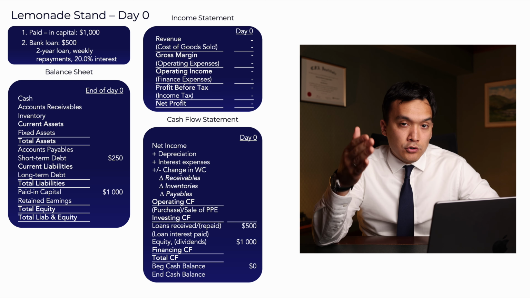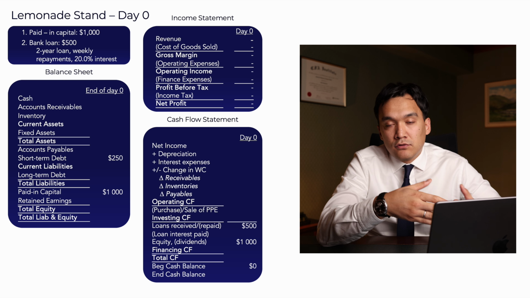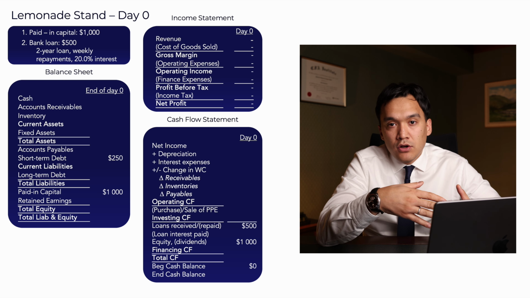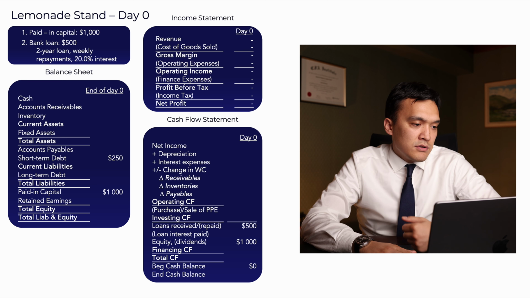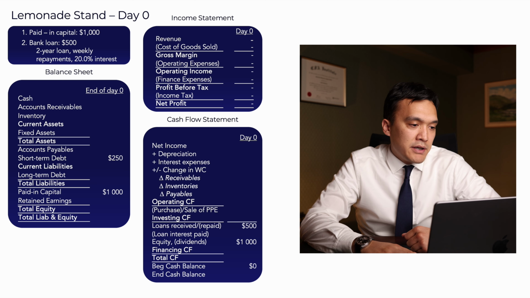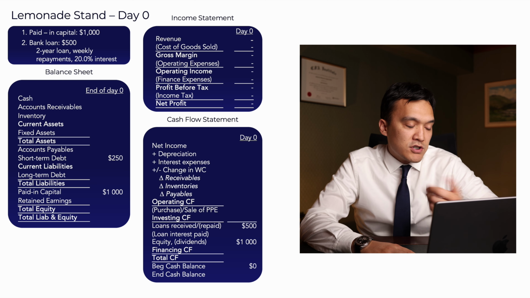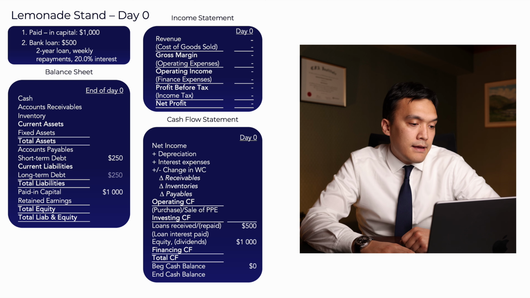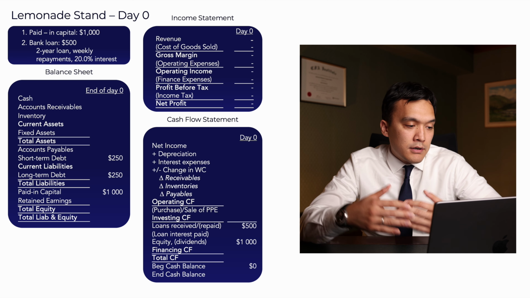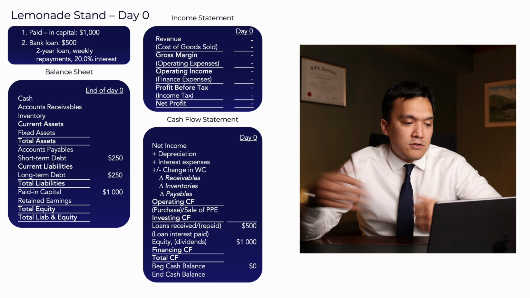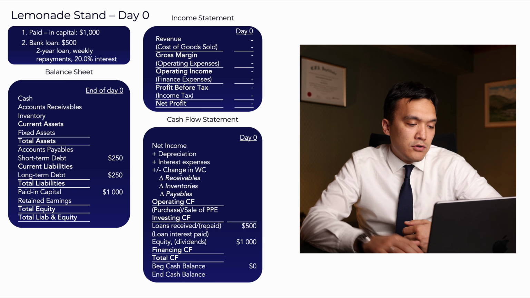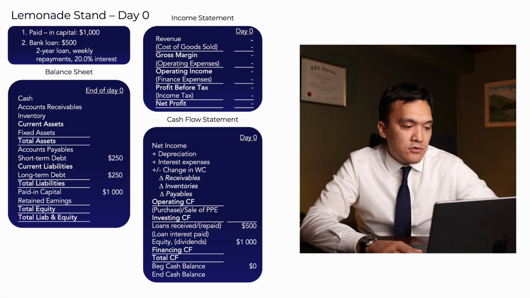If you remember, short-term portion are payments for the principal amount of this loan over the next 12 months. So we have a 2-year loan, so during the first year we will pay $250, which is our short-term portion. So our long-term portion are any principal payments after the first year. So in our case, we have $250 of payments during the second year, which is our long-term portion.